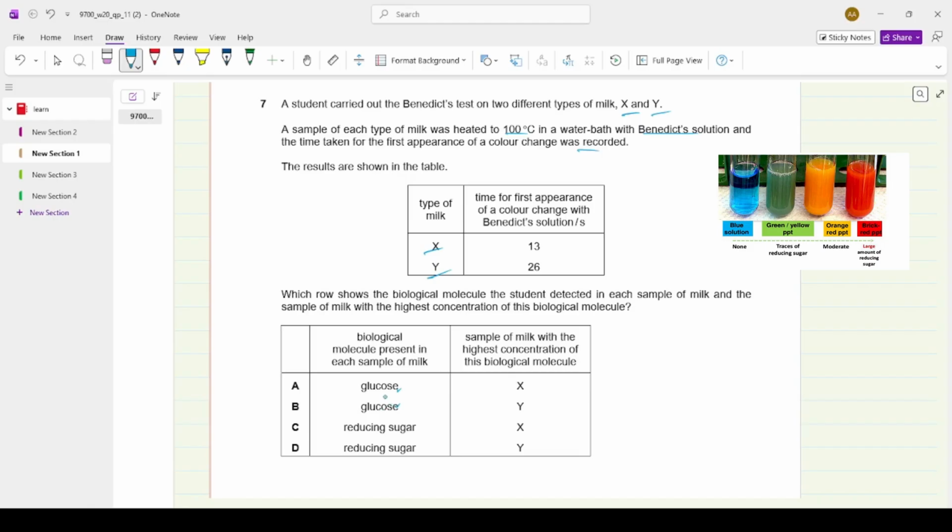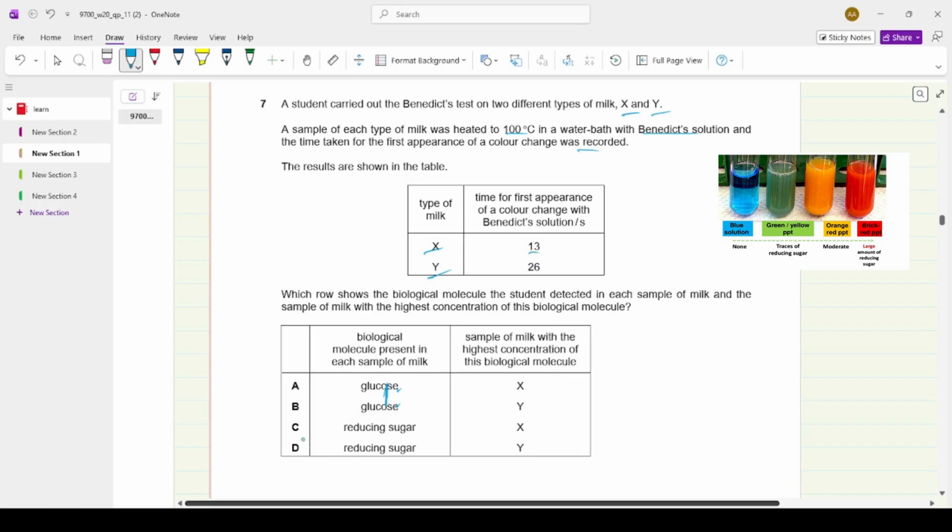So we can first leave A and B, and then when we go to C and D, they are saying reducing sugar. This leaves room for doubt because it can be glucose, it can be maltose, or any other reducing sugar. So we can think about C and D. And then the sample of milk with the highest concentration of the biological molecule, X or Y. We can see that X has the highest because it took less time.